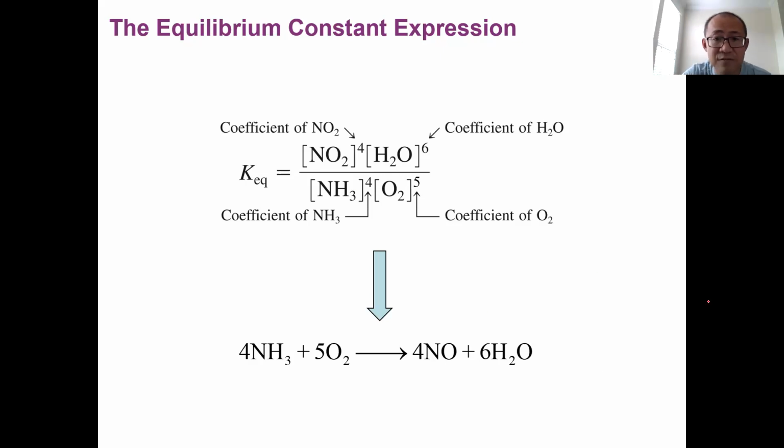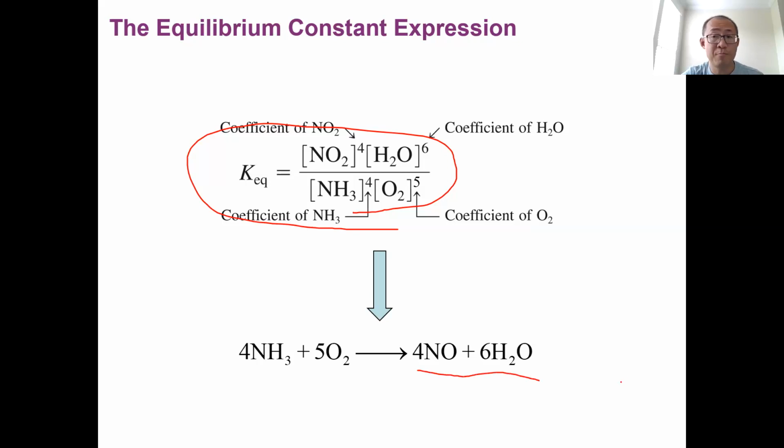If I have an equilibrium constant expression, for example, I can even write the equation based on that, because we know substances on the top are the products. Substances on the bottom are the reactants. So basically that ratio line separates the reactants and the products on the top.